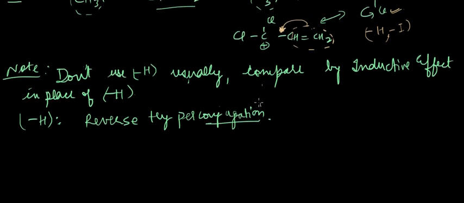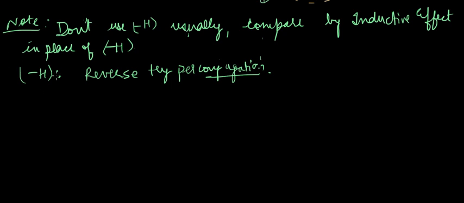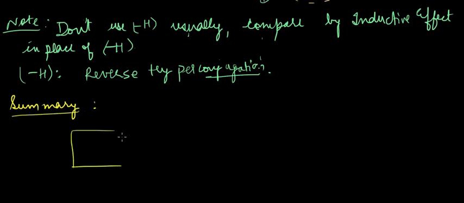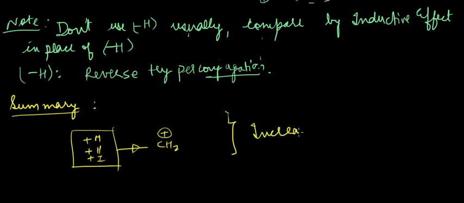Okay, so let's look at the summary of what we have discussed so far. Summary is: if we have plus M, plus H or plus I attached to a carbocation, then it is increasing its stability.